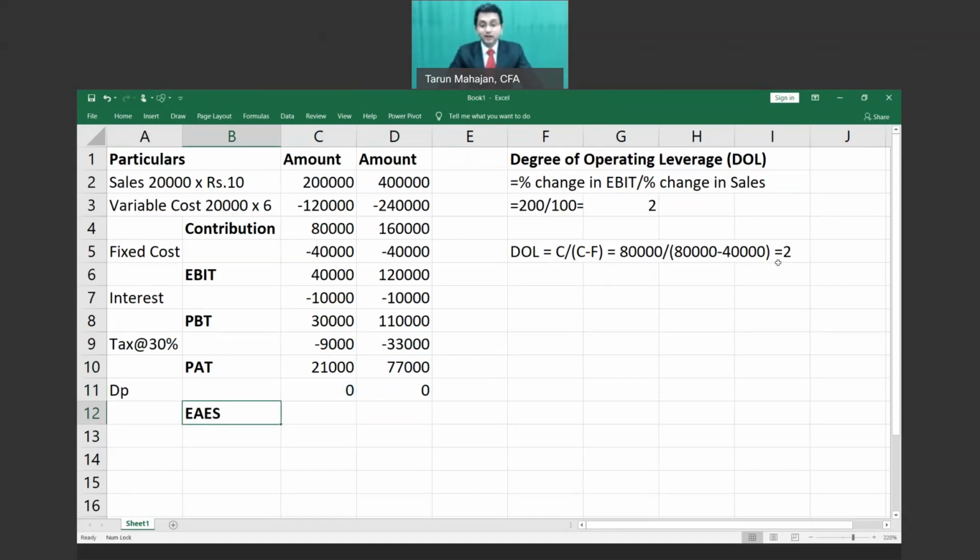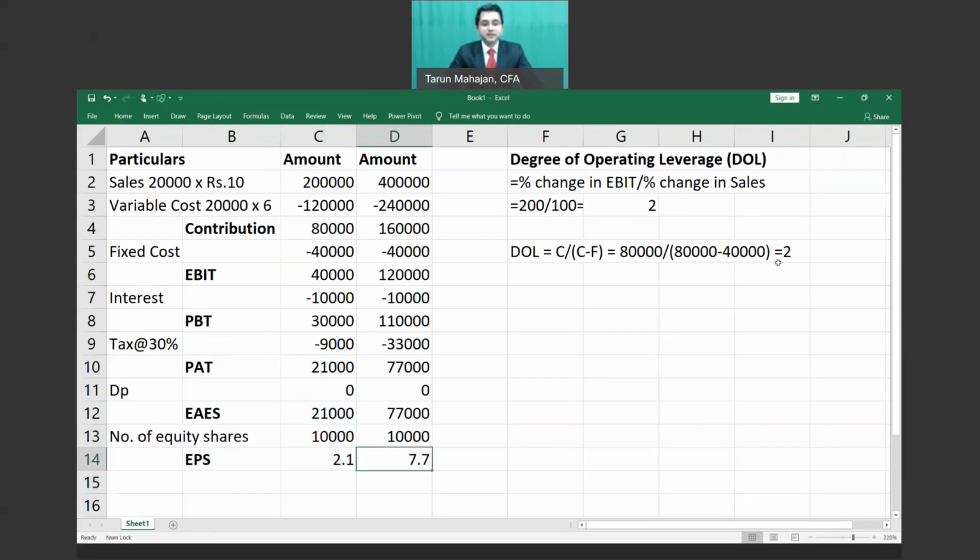So that's 21,000 and 77,000. I will divide it by number of equity shares. So suppose number of equity shares is 10,000. So finally, I'll get EPS. It's EAES divided by number of equity shares.